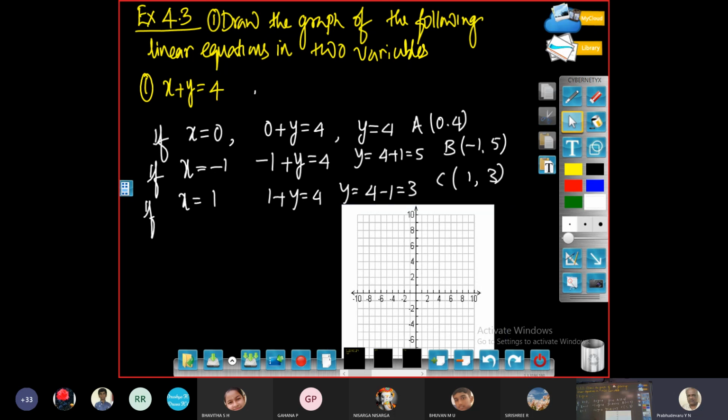On this, let us locate these points. Point A is 0, 4. X value is 0 means it is at the origin only. This is 0, the horizontal line is the x axis, and this vertical line, y dash, is the y axis. Now point A is 0, 4: the x value is at the origin itself and the y value is 4, so this is the point.